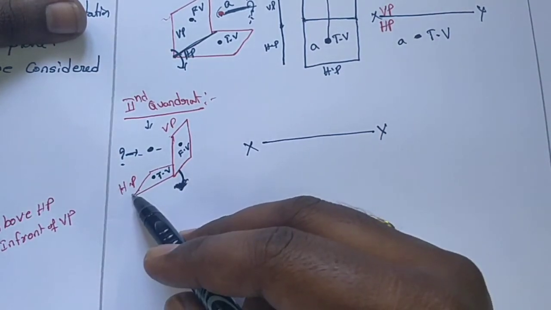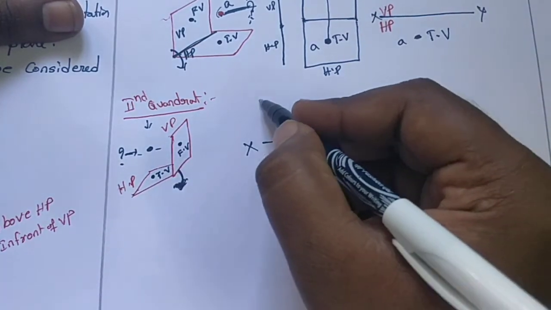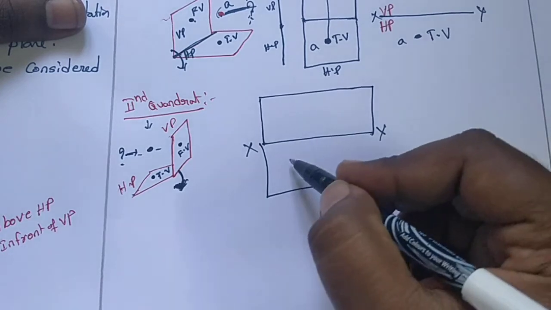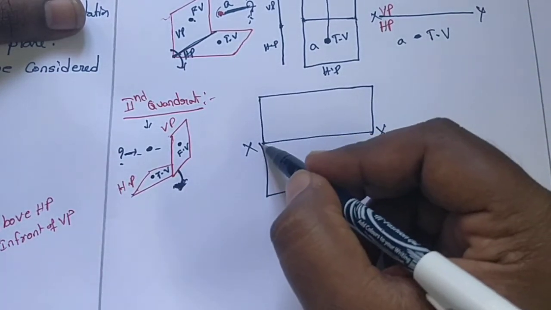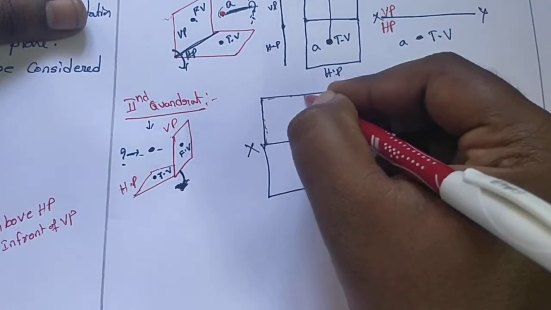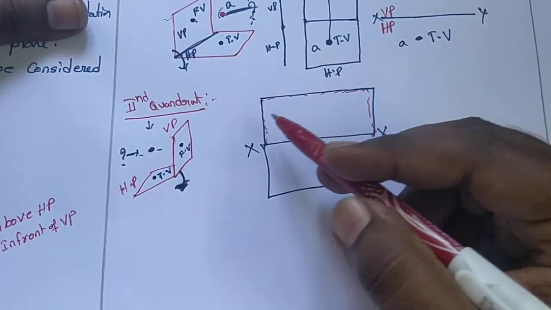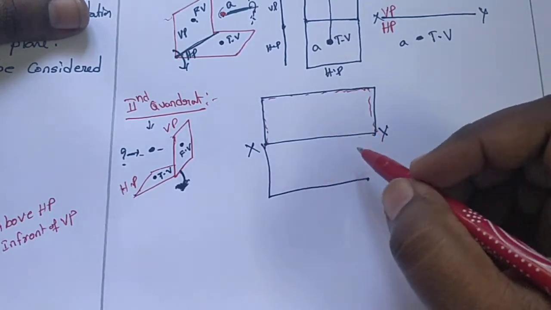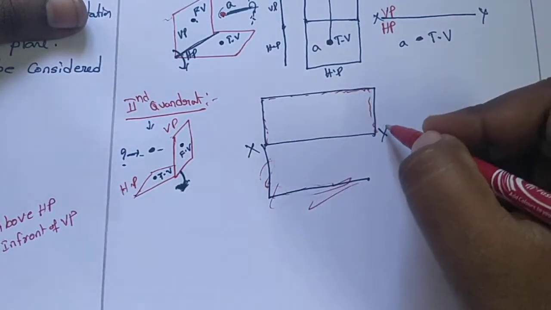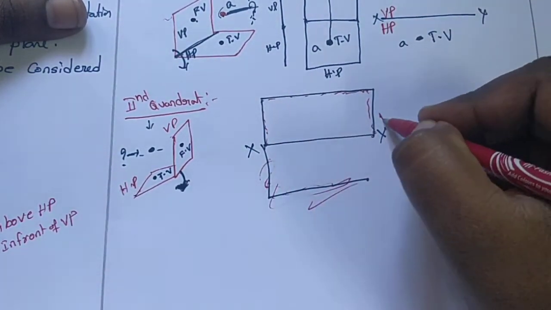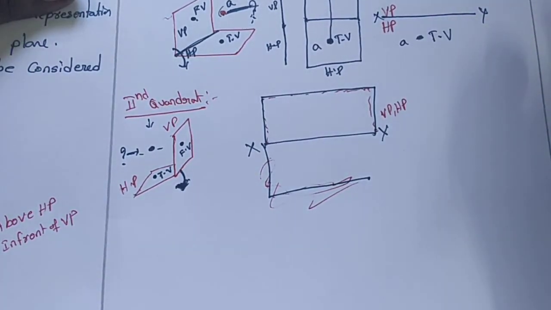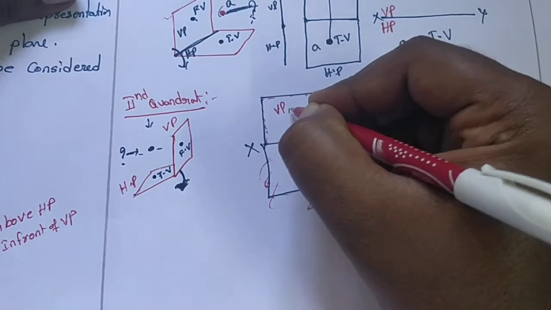This horizontal plane coincides with the vertical plane. This dotted line represents the horizontal plane. In the second quadrant, both the vertical plane and the horizontal plane are above the reference plane. Okay, it is VP and HP.